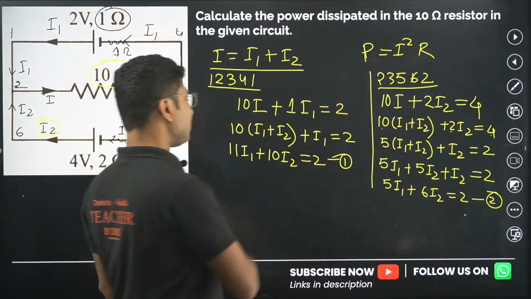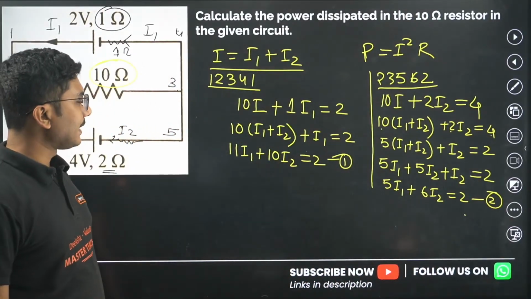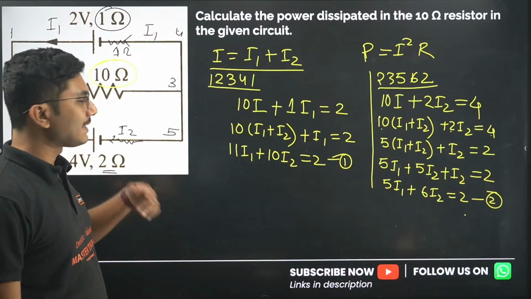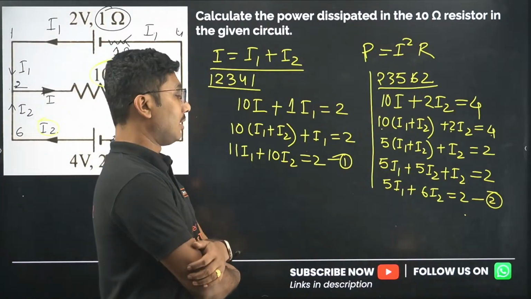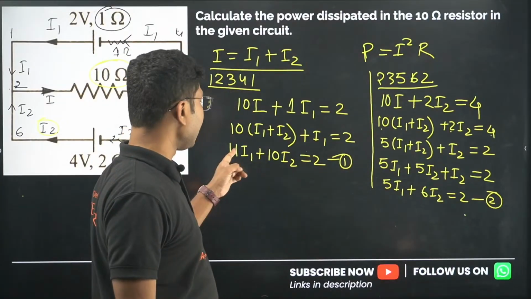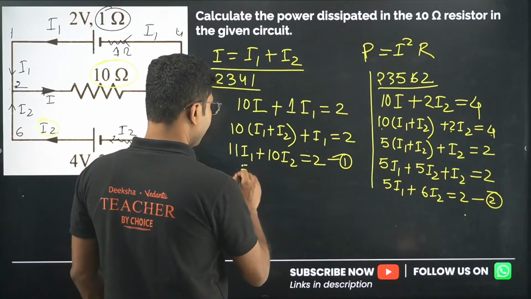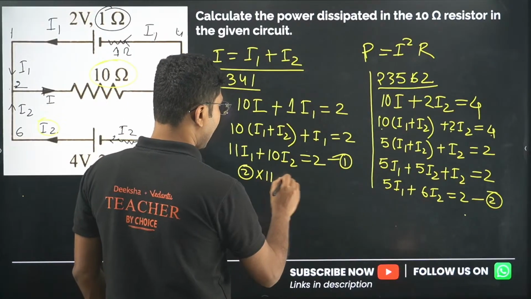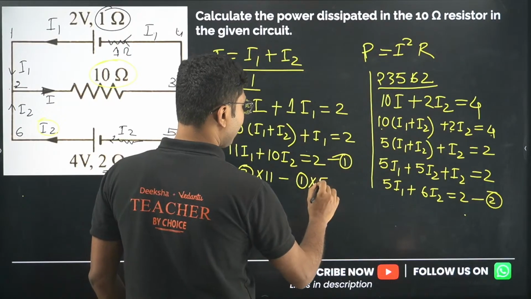Now two variables, two equations, we have to solve them. First we will simplify for I1, then for I2. So how to simplify for I1? We have to multiply equation 2 with 11 and equation 1 with 5, and then subtract.